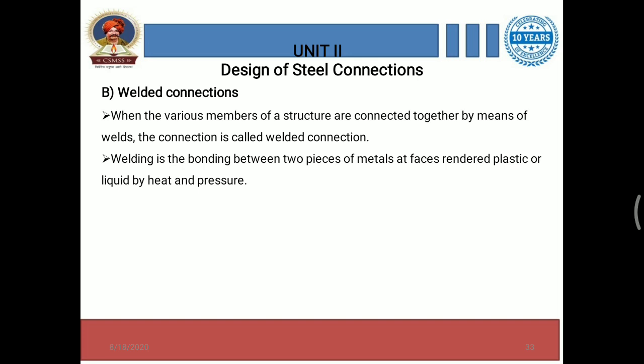This is well known to all of us, because everyone has seen this type of operation, that is, the welding operation.